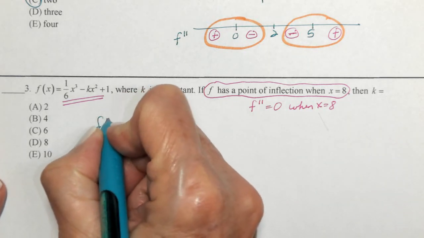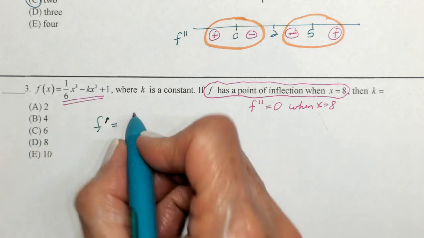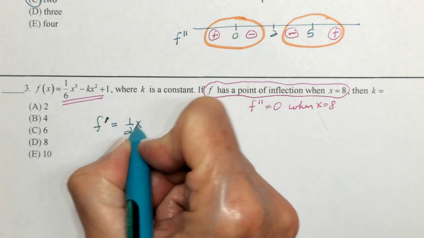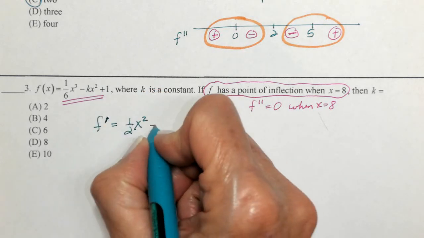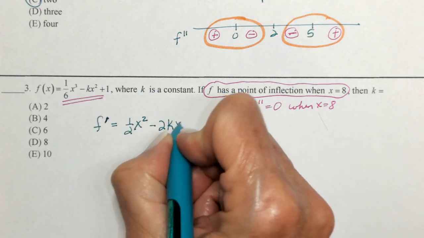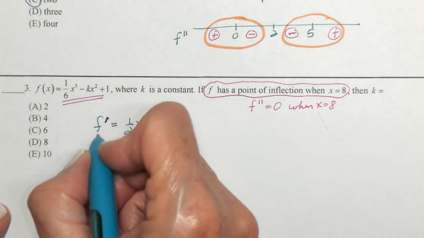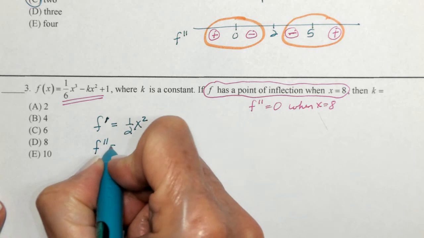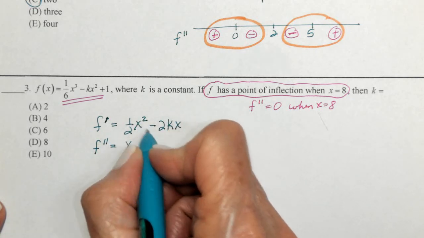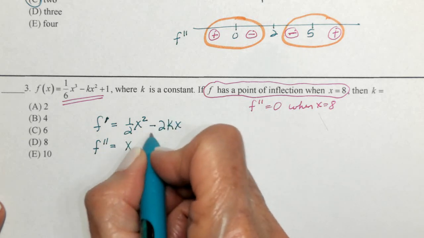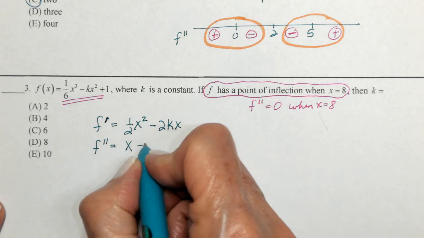So f prime will be 3 times 1/6 is 1/2. Reduce our power. 2 times negative kx will be a negative 2kx. The derivative of 1 is 0. F double prime, 2 times 1/2 is 1. Decrease your power by 1. The derivative of negative 2kx, where k is a constant, is just negative 2k.